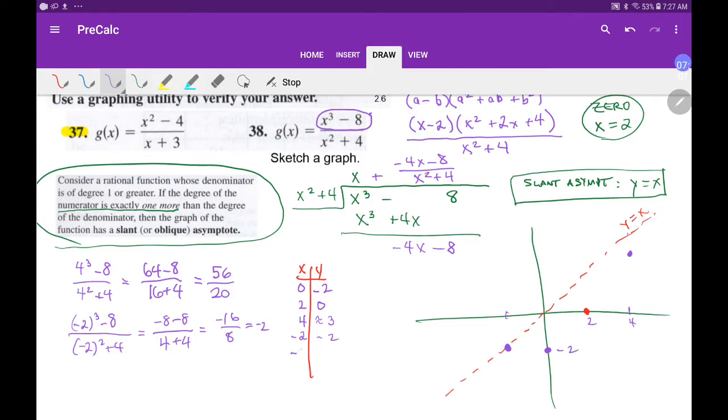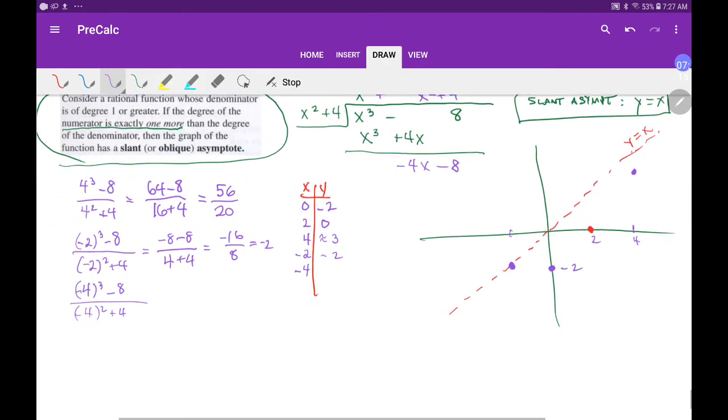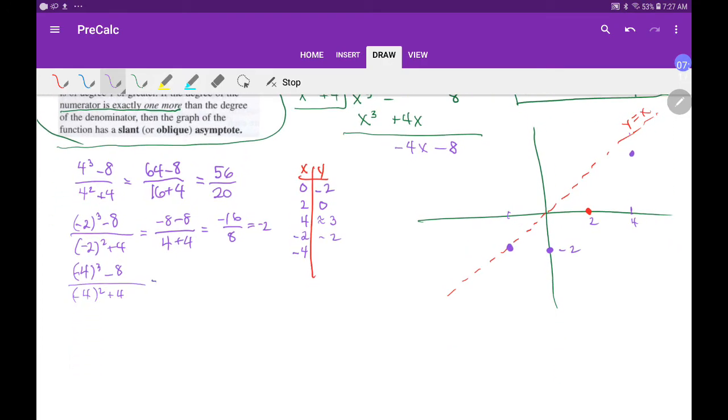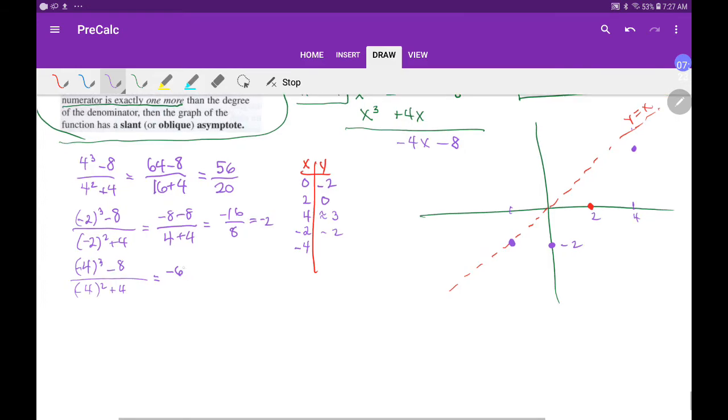And then I guess we'll say -4. So -4 to the third power minus 8, and we'll say -4 squared plus 4. And let's see, what is that? That's a -64. Is that right? Yeah. Just like above, only now it's negative because it's to the third power. And we have 16 plus 4.